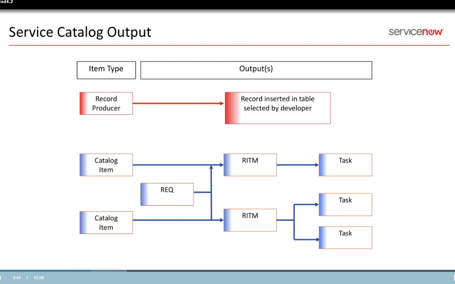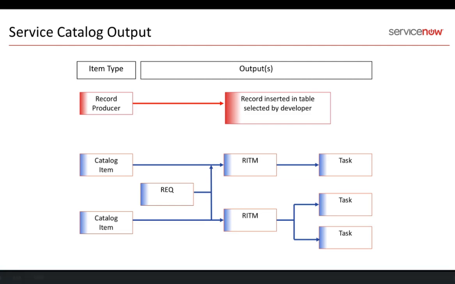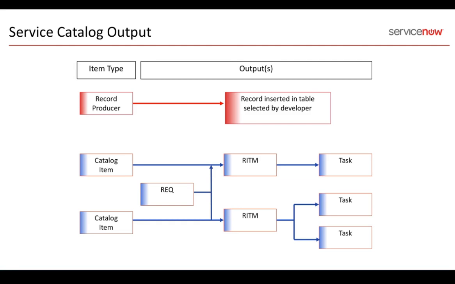Like I said earlier, I might have a request for a new external monitor and a new laptop. So those would be 2 separate items that belong to the request. And the tasks associated with provisioning them might be different. Those different items have different workflows. The laptop is going to have to be configured. The monitor is going to be plugged in.